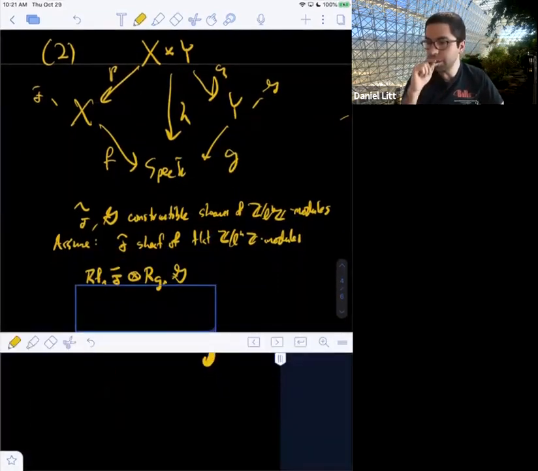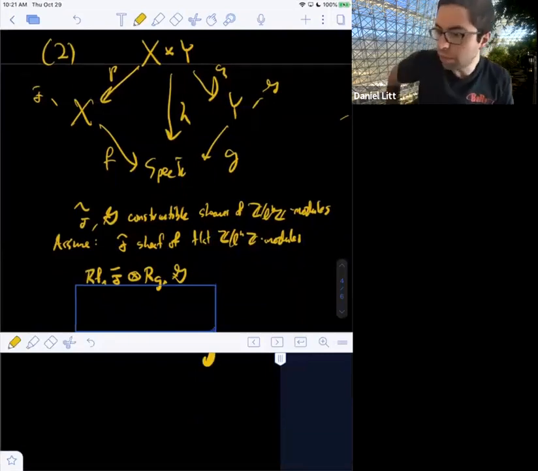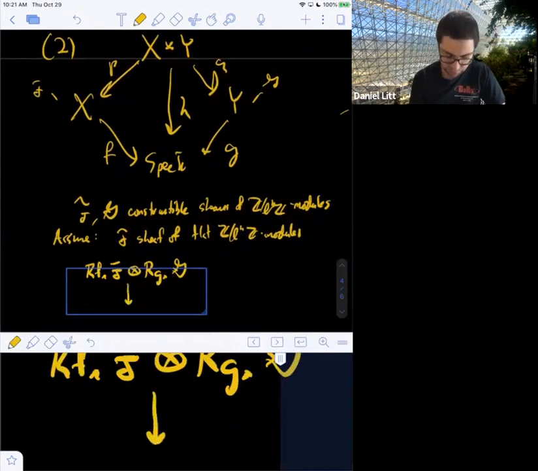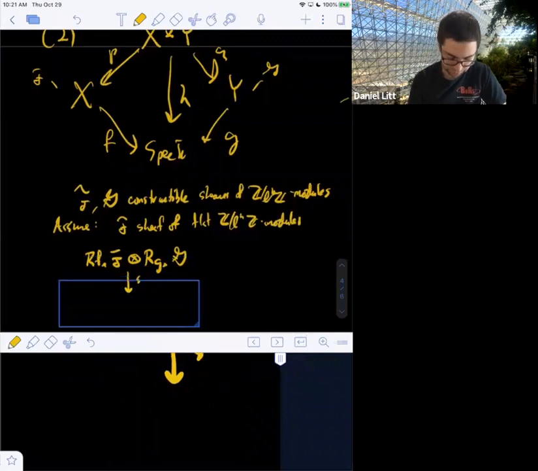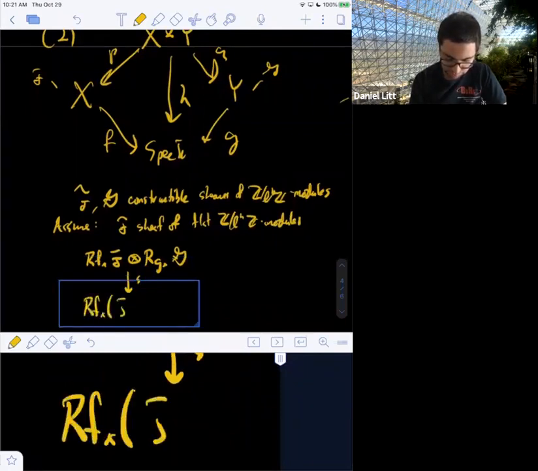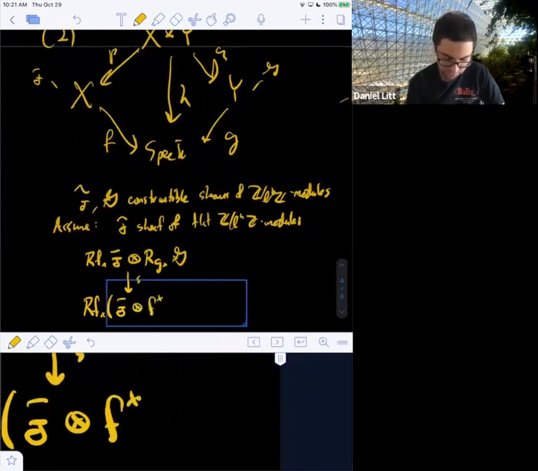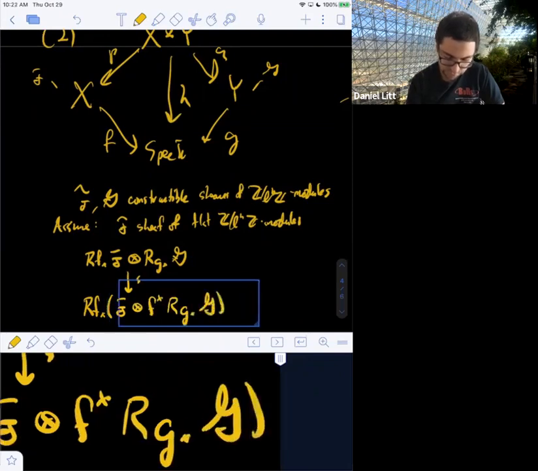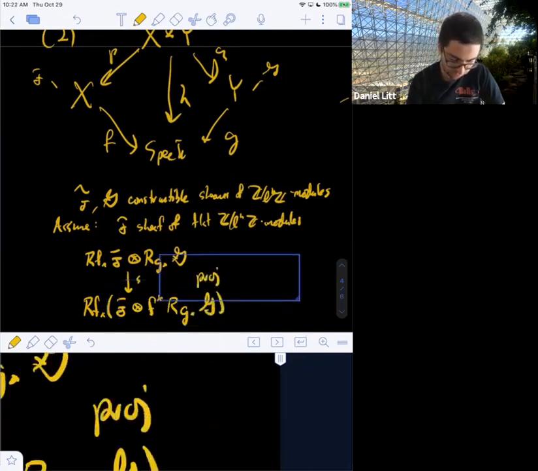What we're going to try to do is compute this using the projection formula. So this is going to be isomorphic, by the projection formula, to the following thing: Rf lower star of F tensored with f upper star Rg lower star of G. So this is the projection formula.